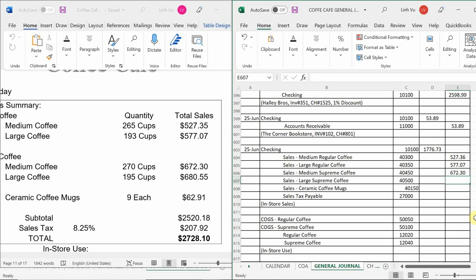And large supreme coffee? $680.55. And ceramic coffee mugs? $62.91. And how much tax? $207.92. Giving me a grand total of 2,728.10. Oops, I'm off by a penny.